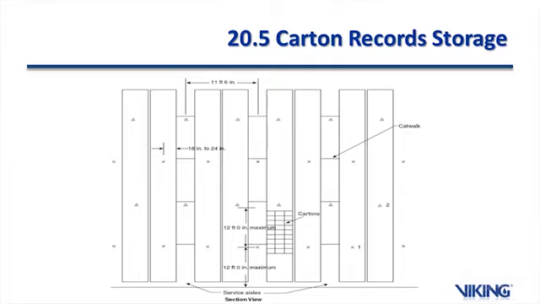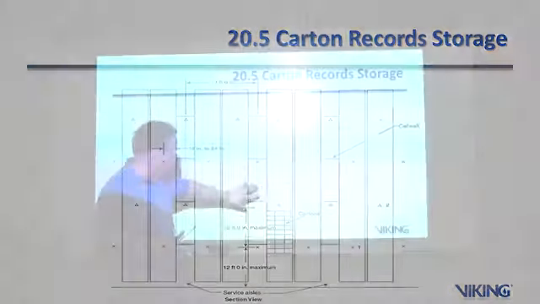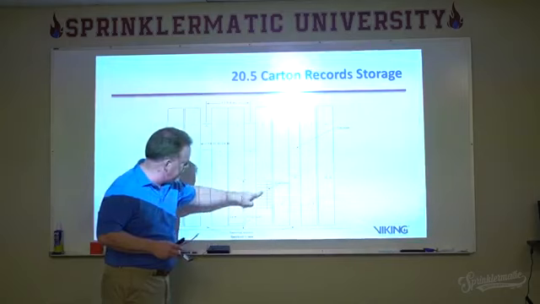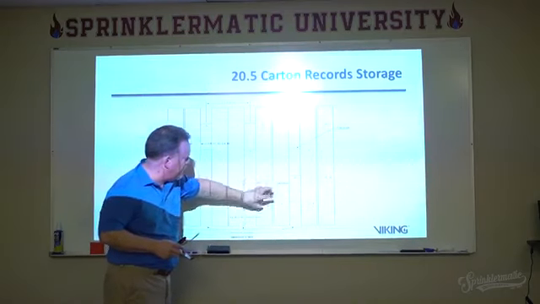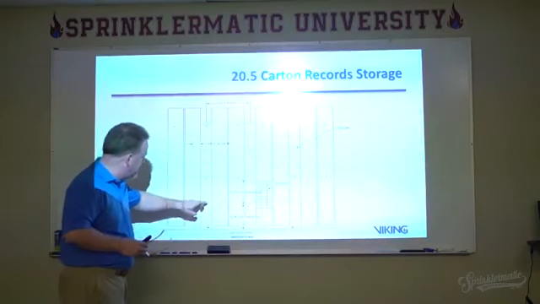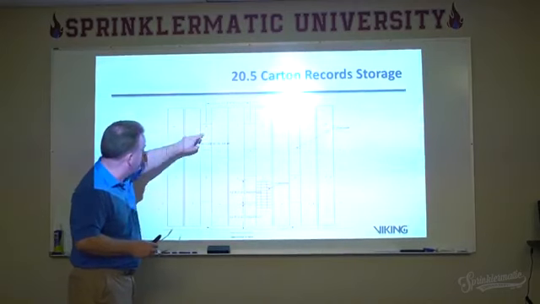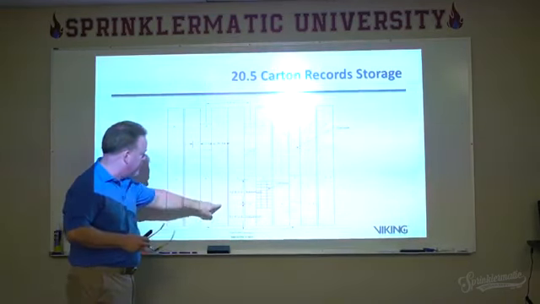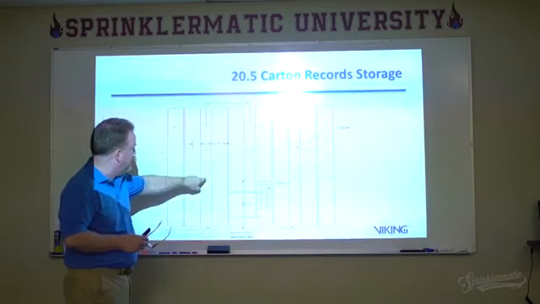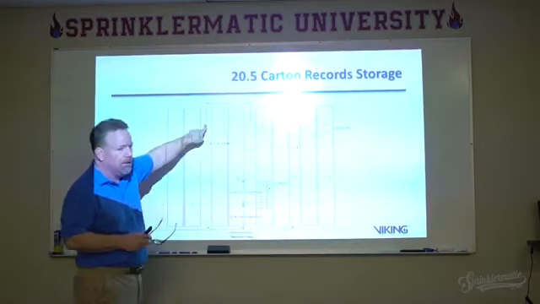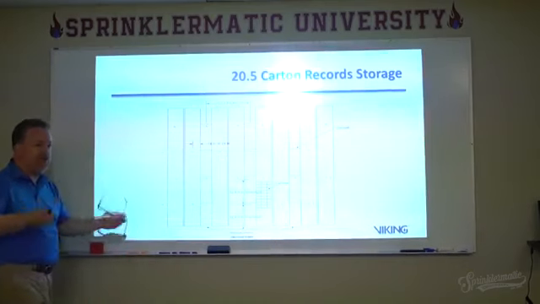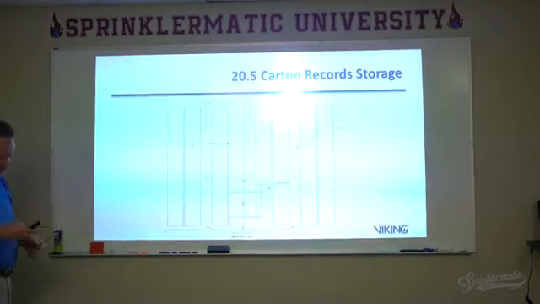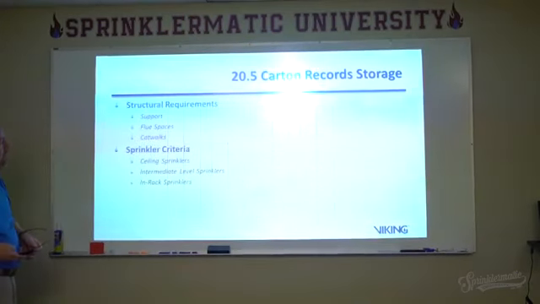We have cartons all the way between the two rack members, with access provided here, here, here. These are catwalk accesses to these spaces. So we're going to have a sprinkler in the rack and alternatively underneath the catwalk. So it's a special design for that particular arrangement in Chapter 20.